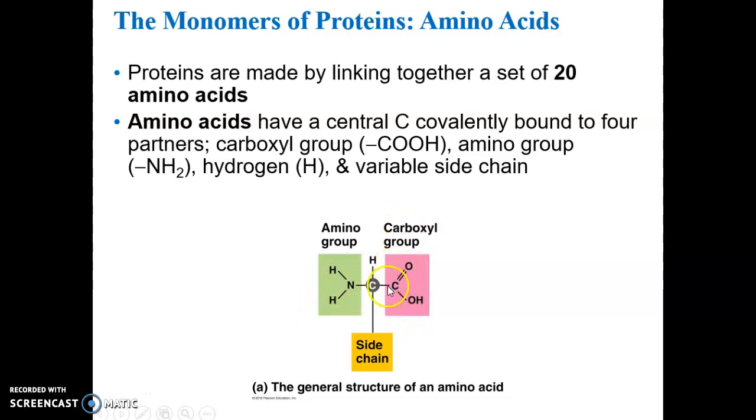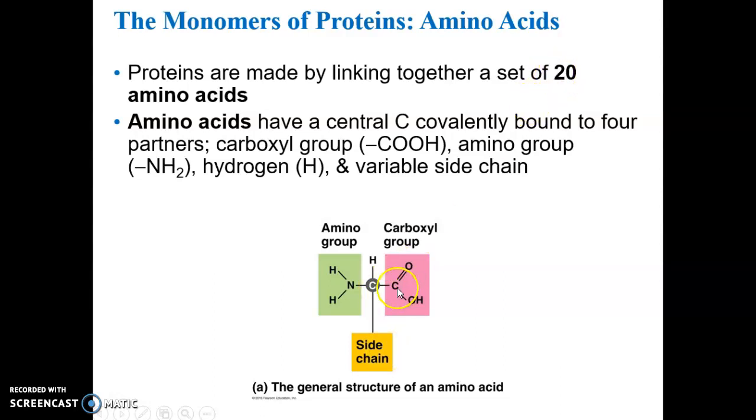There's the carboxyl group, carbon, oxygen, and an OH group. And then there's also an amino group, which is a nitrogen and 2 hydrogens. And then there's a lone hydrogen all by itself. Remember, carbon can form up to 4 bonds, 1, 2, 3, and then the 4th bond is a variable side chain, which is the functional group that's variable in the amino acids.